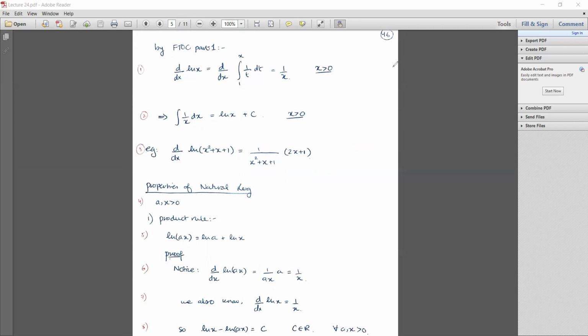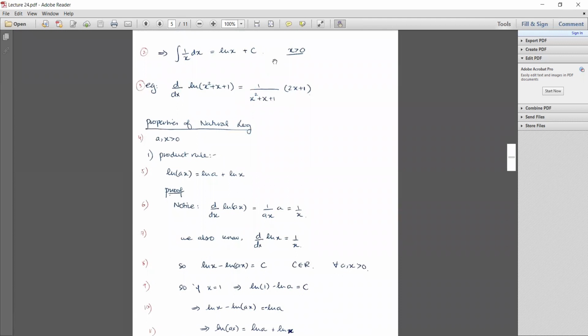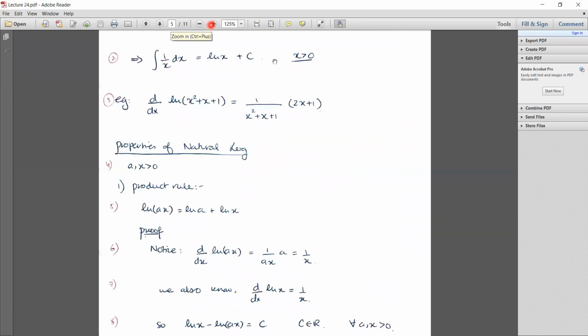Now, let's do some properties of natural log. Natural log is actually very useful in the sense that it makes products, powers and quotients easier, or it simplifies them. So the first is involving a product of two numbers.